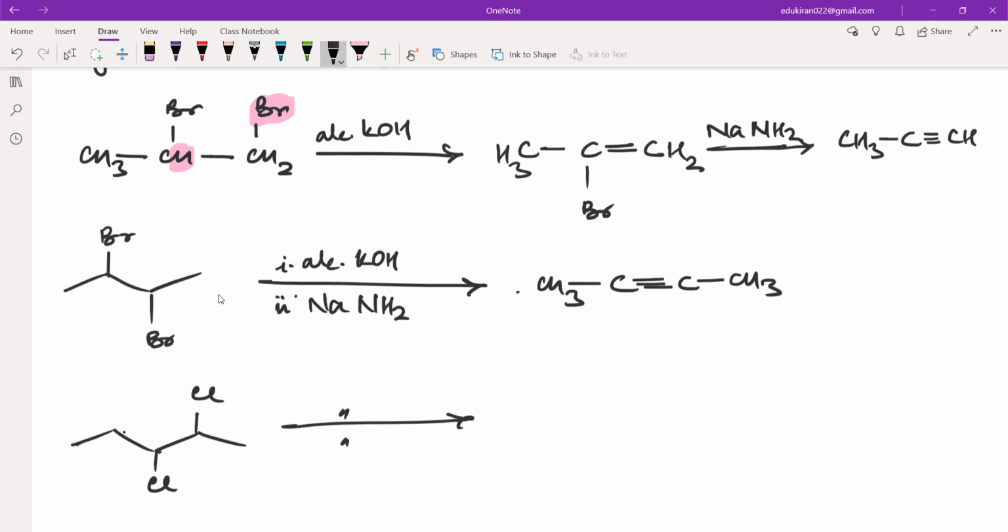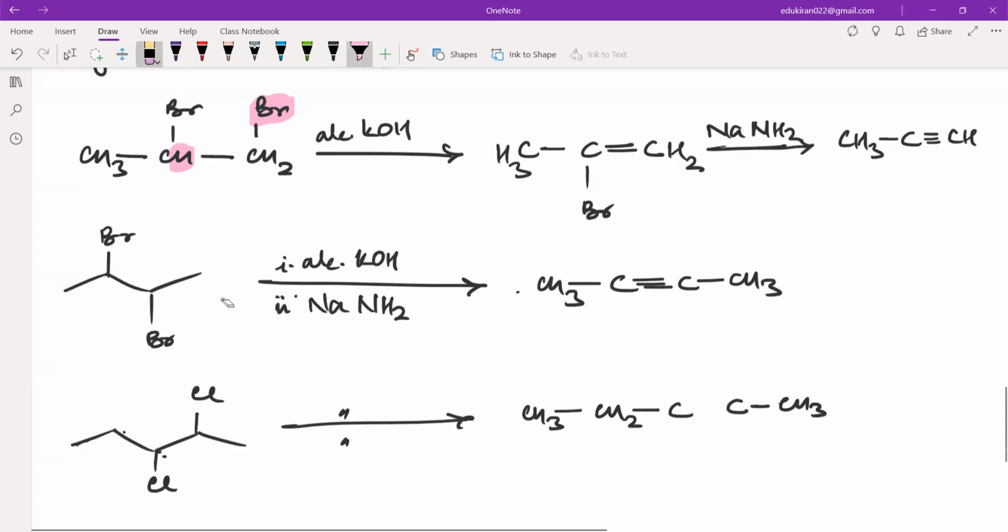You don't draw like this. I mean, you can draw because you're in 11th standard, but this is not right because we have drawn a bent structure with some angle, and we know that sp hybridized carbon atoms will not be bent. So either you draw it like this, CH3 CH2, carbon triple bond carbon and then CH2 CH3. Better is this way, no confusion here.